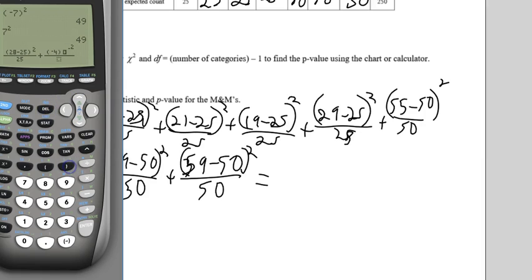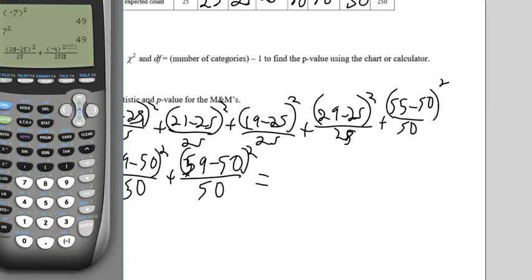Nope, go over there, delete. There we go. Why is this not working? Squared. There we go. And then down here, just put your 25.